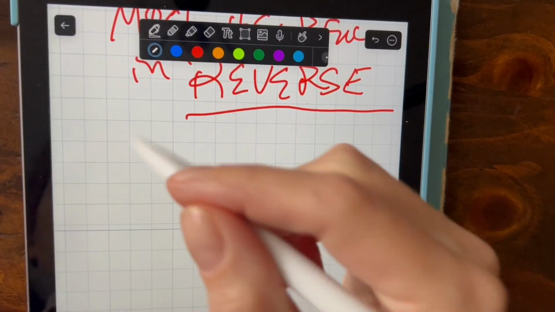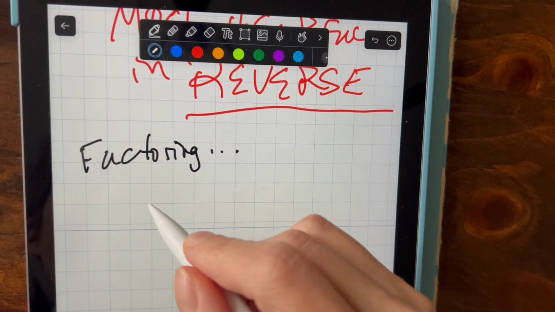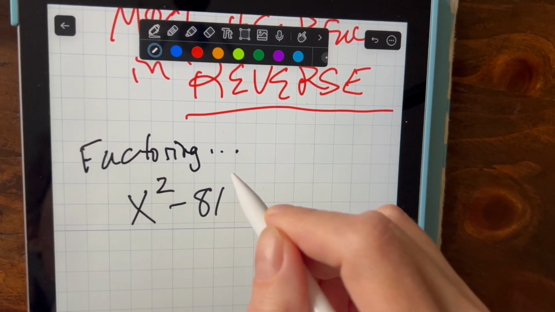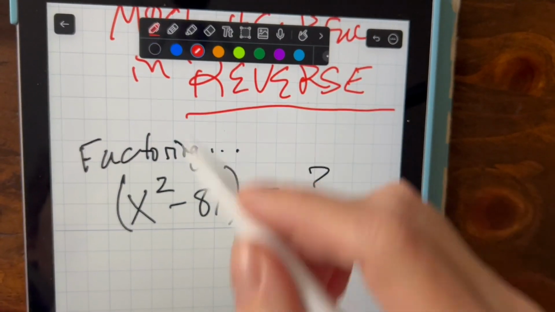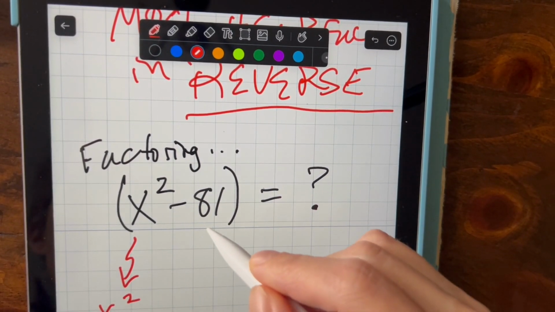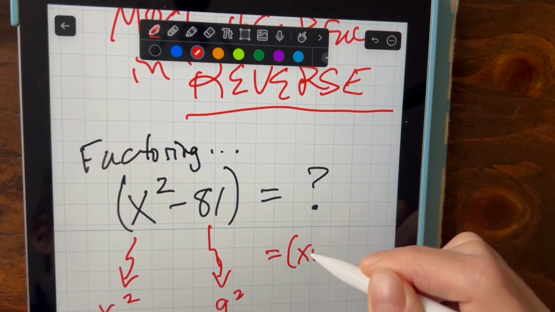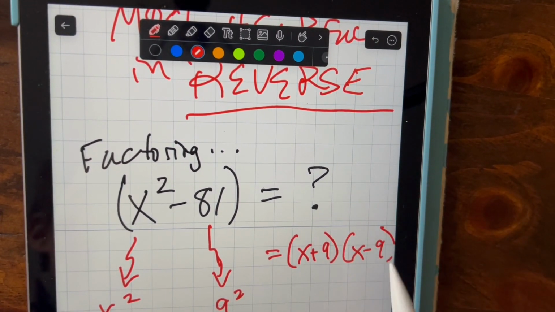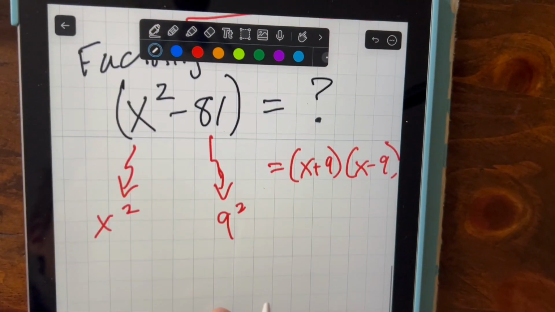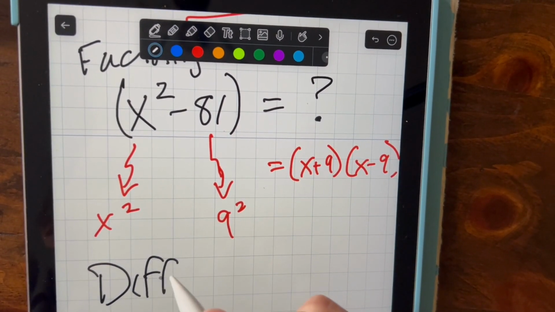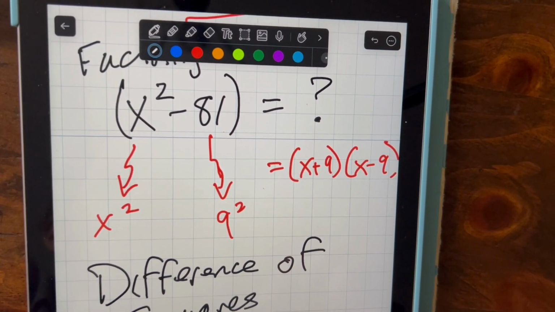So when you're factoring x squared minus 81, you can notice that this is x squared and this is 9 squared. So this is equal to x plus 9 times x minus 9, the difference of squares.